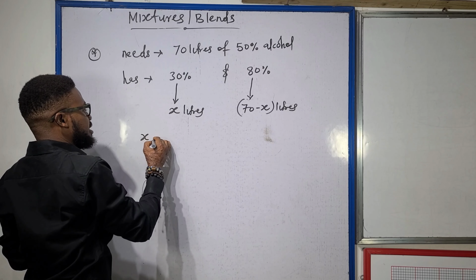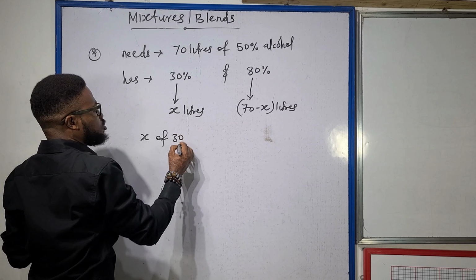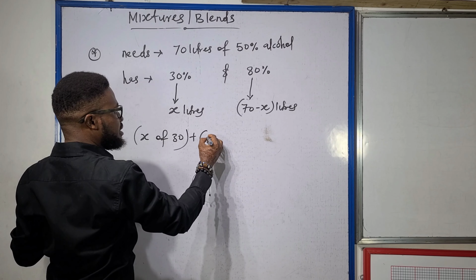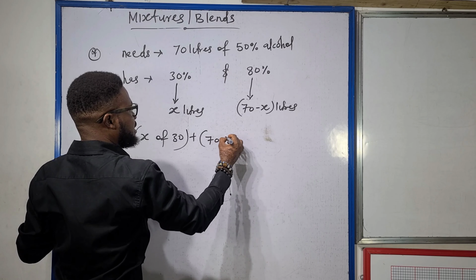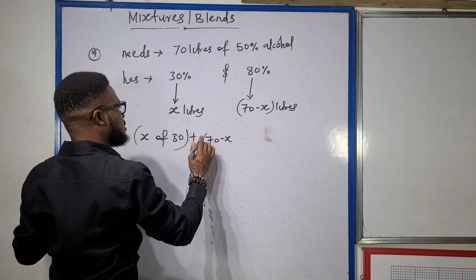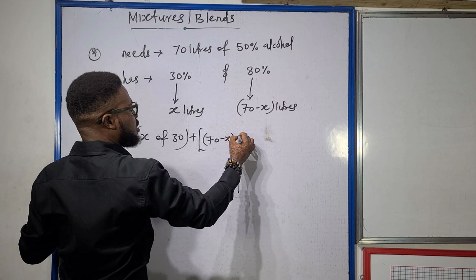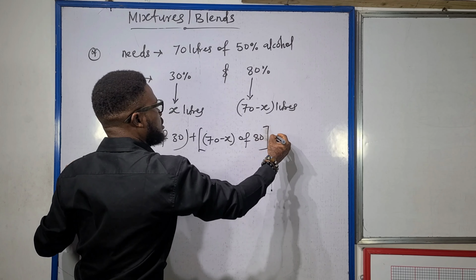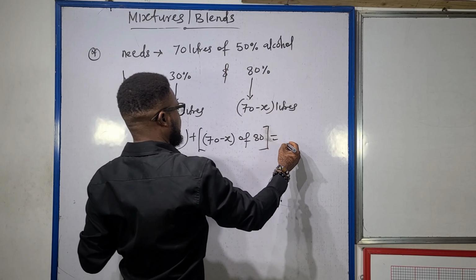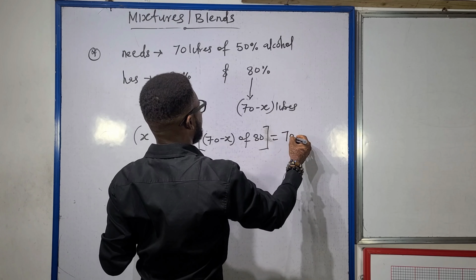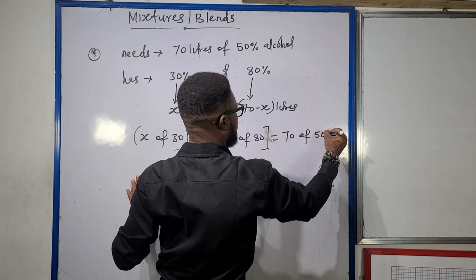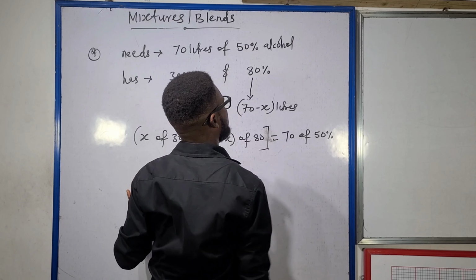So I'll say you need x liters of the 30% solution plus 70 minus x liters of the 80% solution to create 70 liters of the 50% solution.